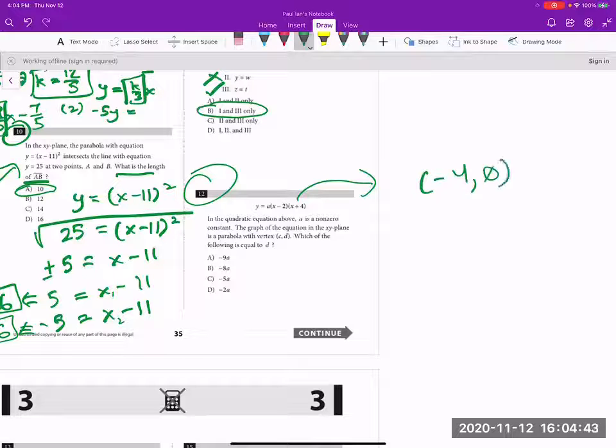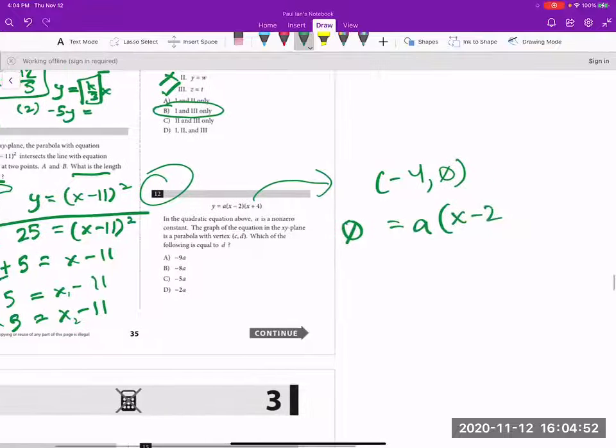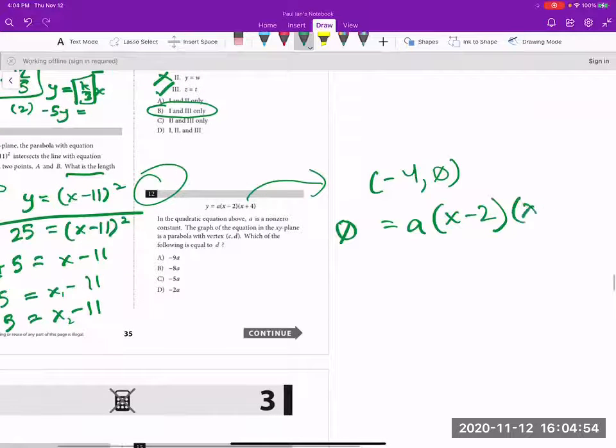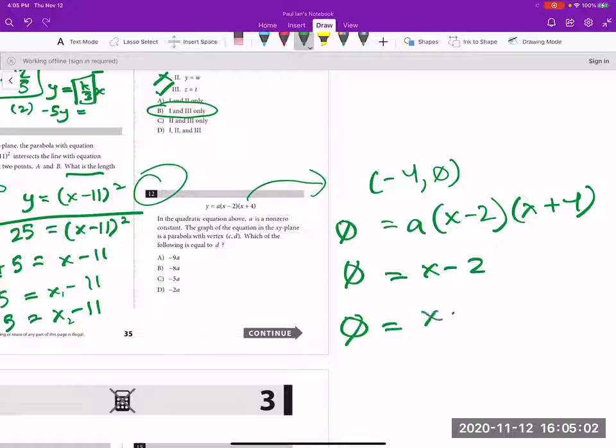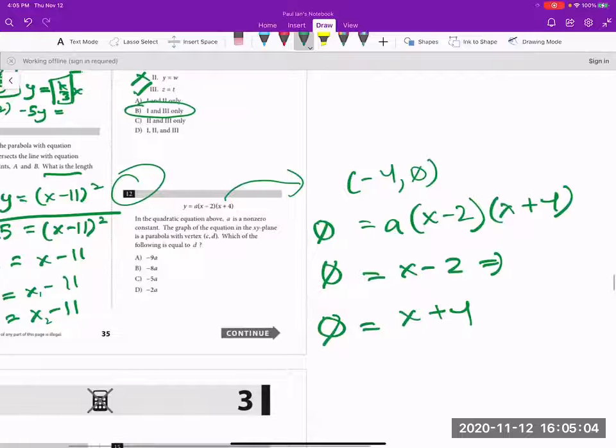Because if you put 0 for y, and you make this, and I think a is, yeah, x plus 4 gives you that this one is -4 and 0. That's one x-intercept, and the other one gives you the other point, which is 2 and 0, right?